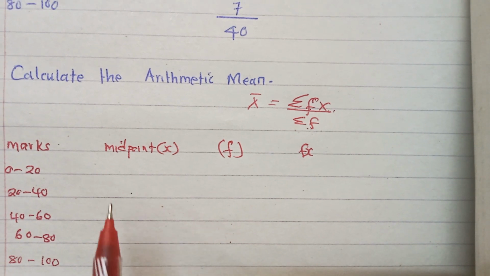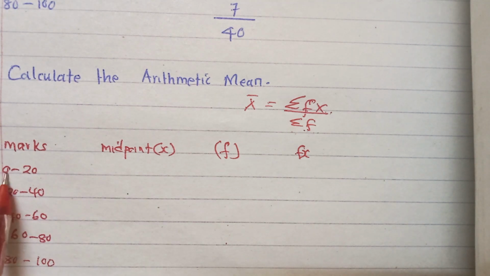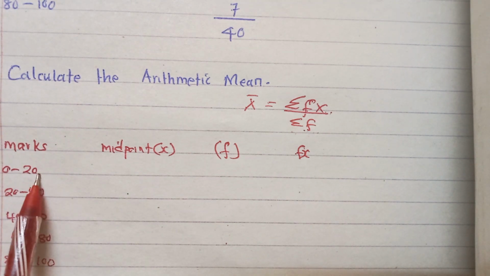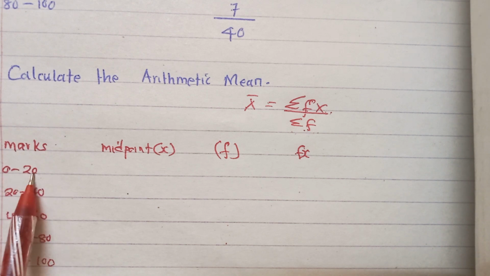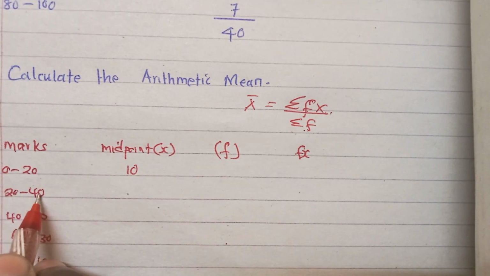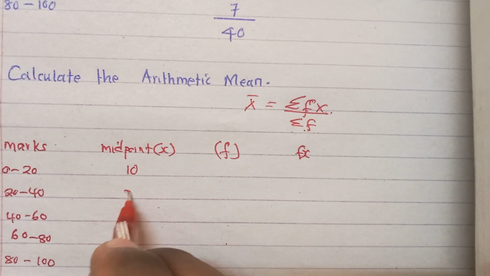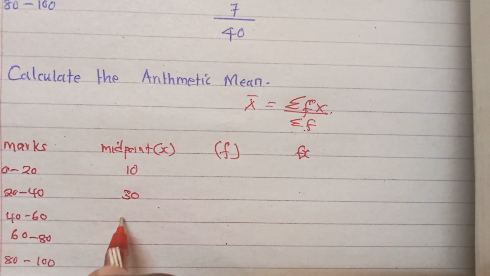For us to get the midpoint, you take the lower class limit, you add the upper class limit, then you divide by 2. So in this case, you take 0 plus 20, which is 20, divided by 2, which gives you 10. 20 plus 40 is 60, 60 divided by 2 gives you 30. All the way we have 50, 70, and the last one is 90.